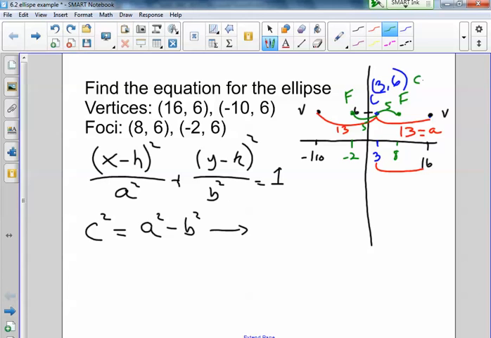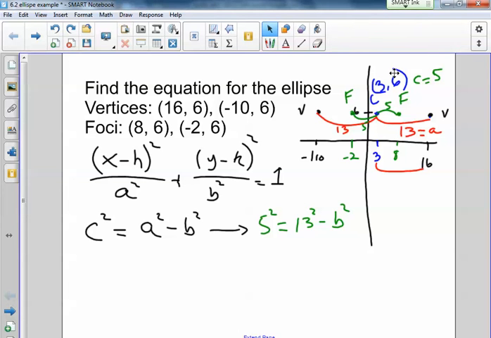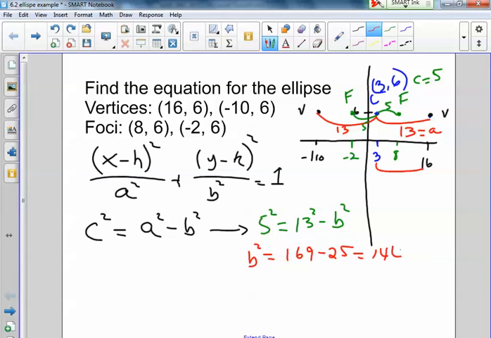So c equals 5. So I have 5 squared equals 13 squared minus b squared. If we work our algebra magic on it, b squared equals 169 minus 25, and that's going to equal 144.